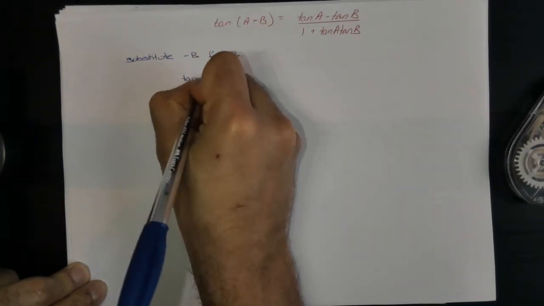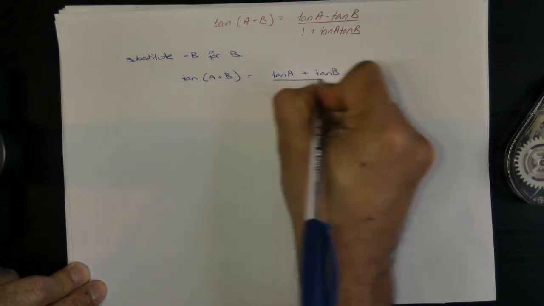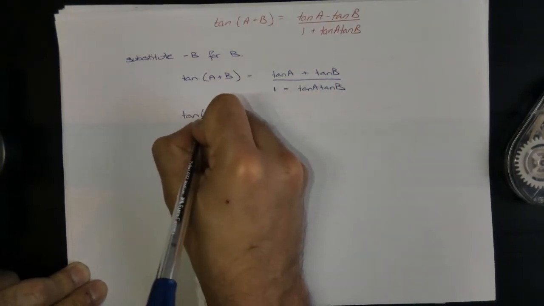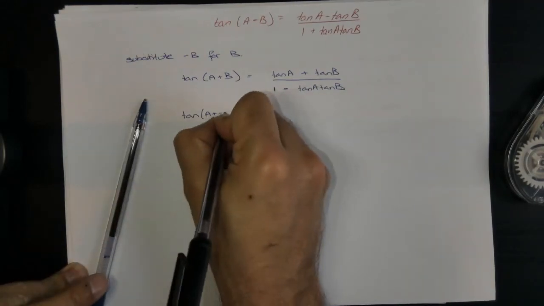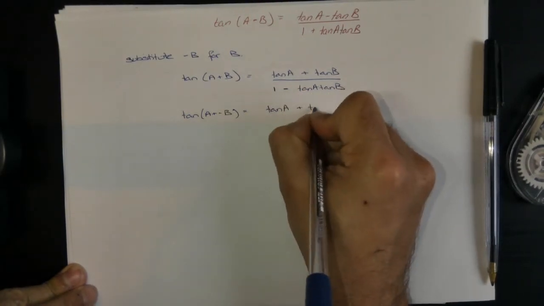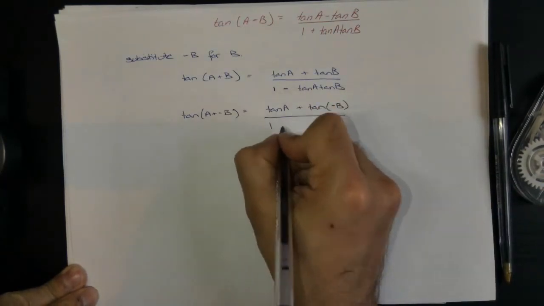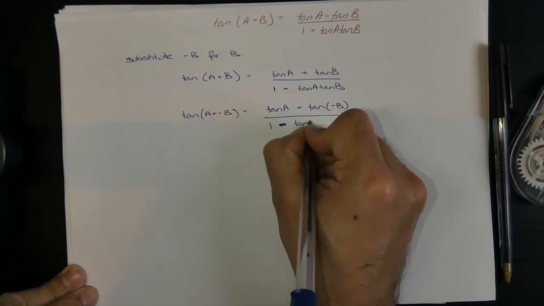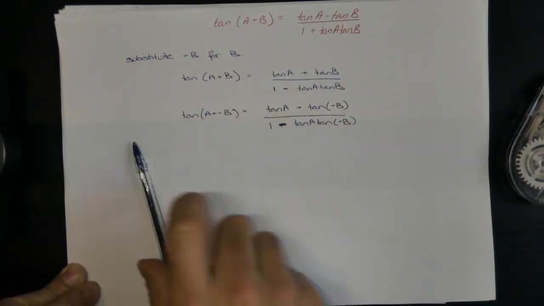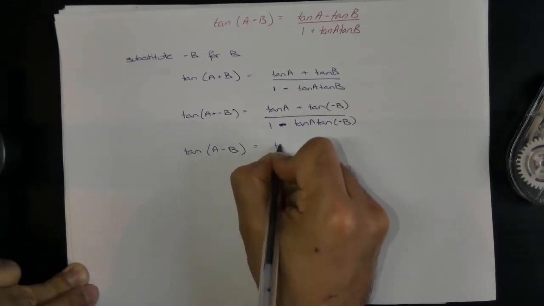Tan of A plus B was tan A plus tan B over 1 minus tan A tan B. We're going to substitute negative B. A positive and a negative become a negative, so that's tan of A minus B. Tan A stays the same.